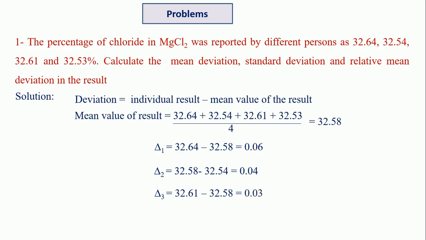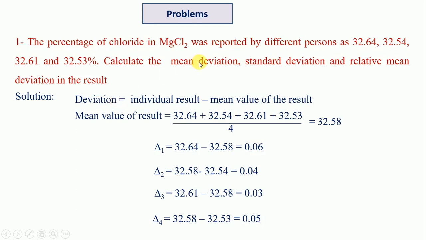Then fourth, 32.58 minus 32.53. 32.58 is the mean value of the result and this is the individual value of the result. So the difference between the individual value and the mean value is called deviation, and this is 0.05. So here we have calculated the deviation of each value.